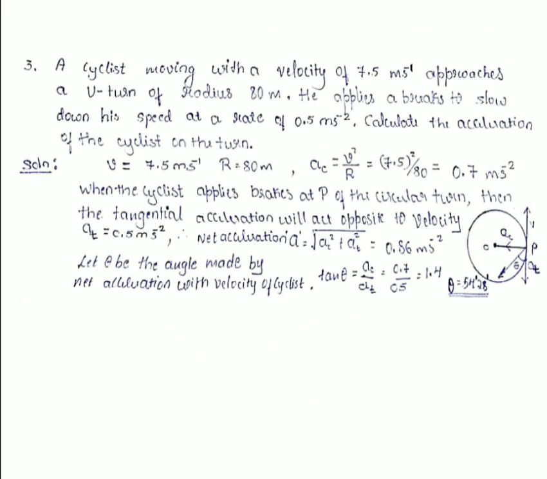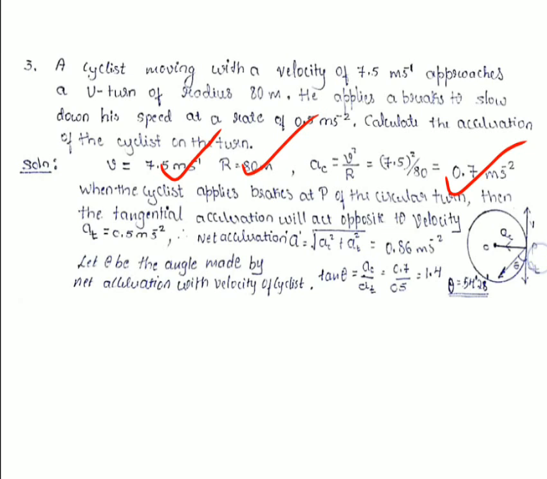See here, you can see the diagram. V is 7.5, R is 80 meter. Then substitute the values in a_c = v squared upon r, and you will get the answer as 0.7 meter per second square. When the cyclist applies a brake at P on the circular turn, the tangential acceleration acts opposite to the velocity.